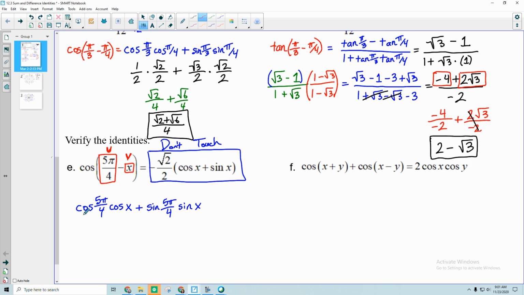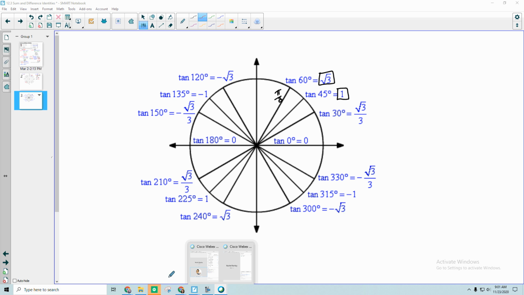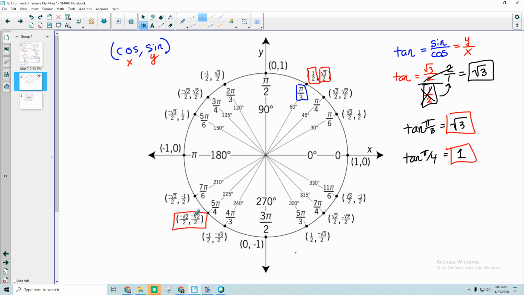So now these two values, the cosine of 5 pi divided by 4 and sine of 5 pi divided by 4, I can consult the unit circle and figure out what I can replace those with. So if I go to the angle 5 pi divided by 4, those are the coordinates that I see. That would be my x value and my y value at the angle 5 pi divided by 4.